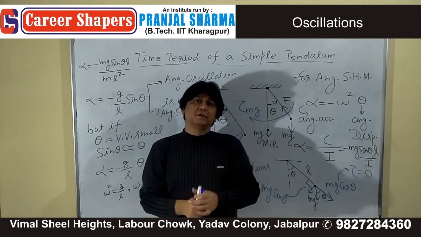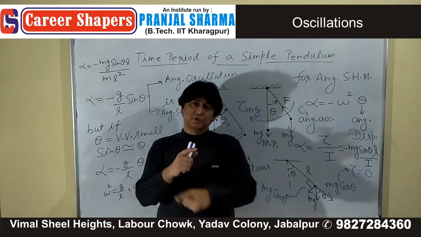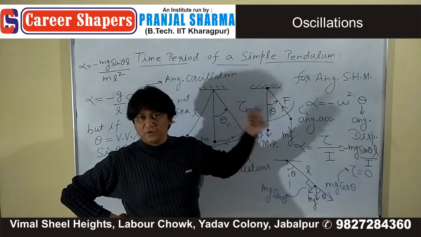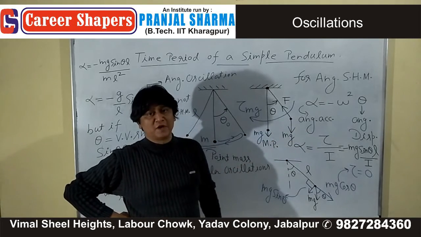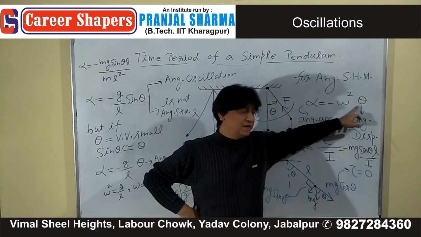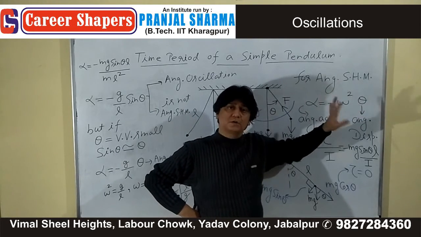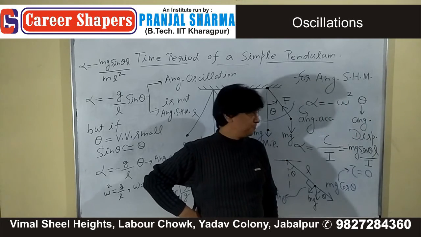Then if it is linear, find out A and relate that A with x, which is displacement from the mean position. If it is angular, then go for alpha. For that, find out torque. Divide the torque with moment of inertia and you will get what? Alpha. And relate your alpha with theta in this form. If you can do that, then that body or system will execute simple harmonic motion.